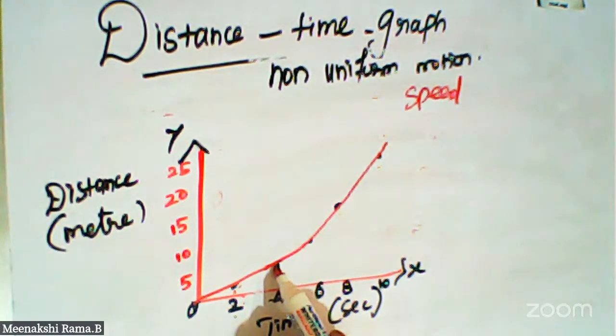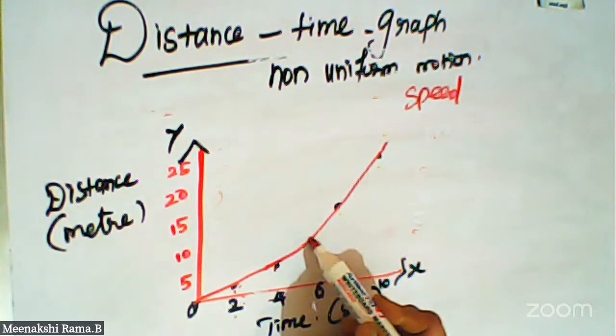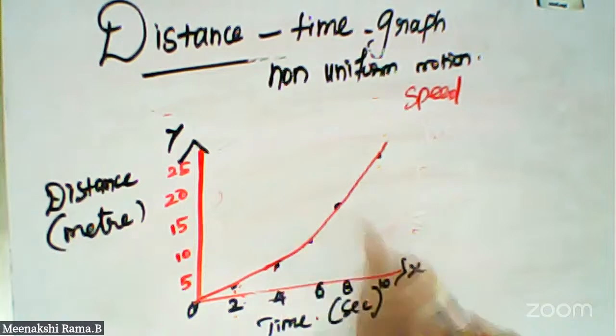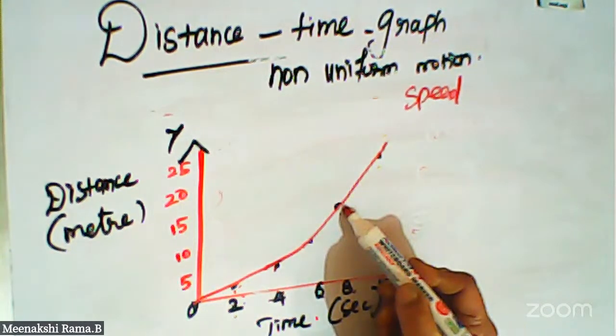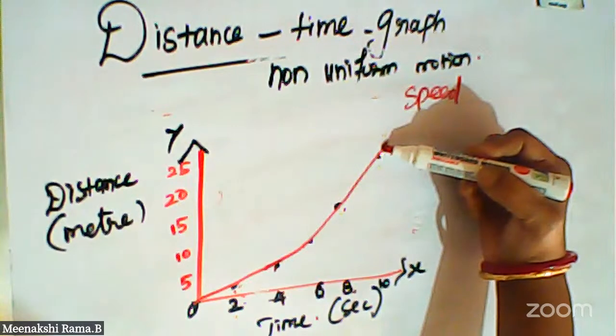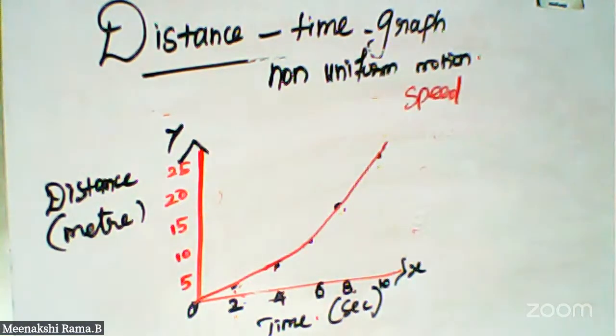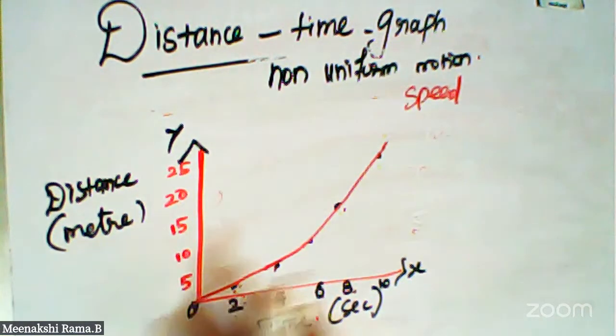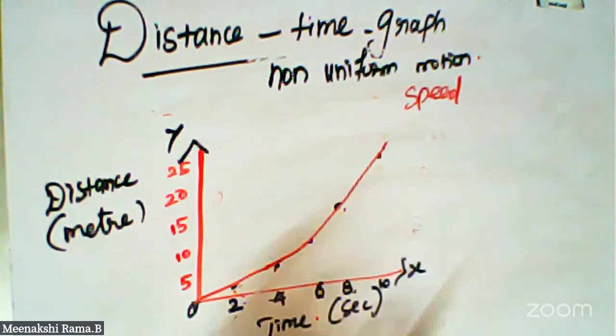He crossed 4 meters, and at the 6th second he crossed nearly 10, that is 9 meters, and next one is the 8th second, he crossed nearly 15 meters. At 10 seconds he crossed more than 20. So the speed of the vehicle is not equal. So this is the difference between uniform and non-uniform.